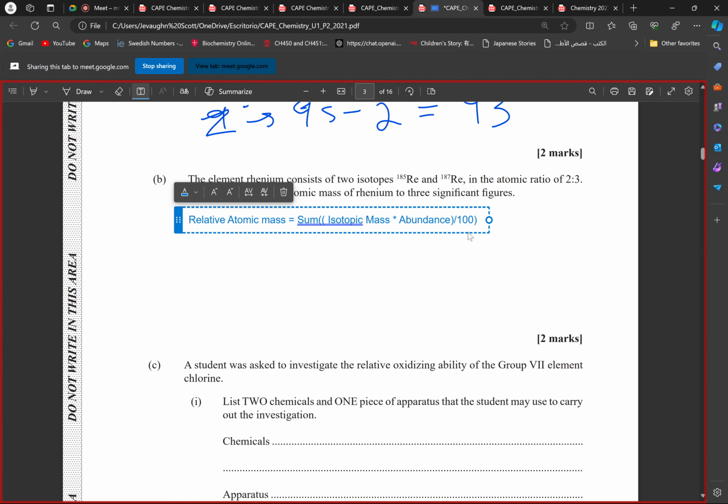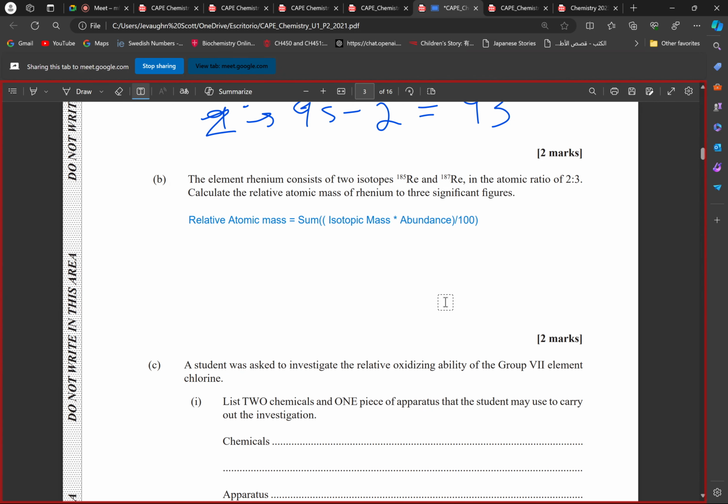The sum here just represents the sigma that would go there.